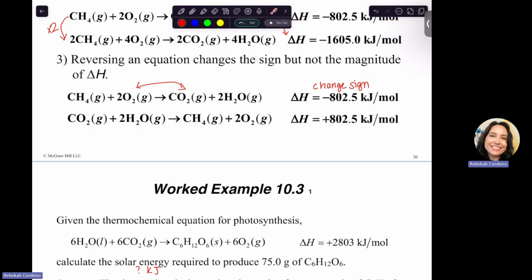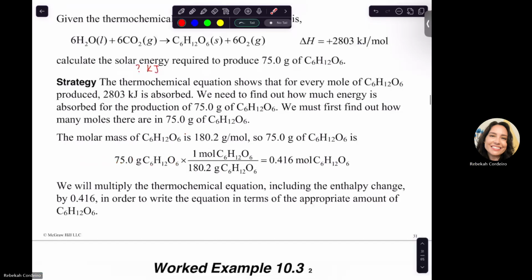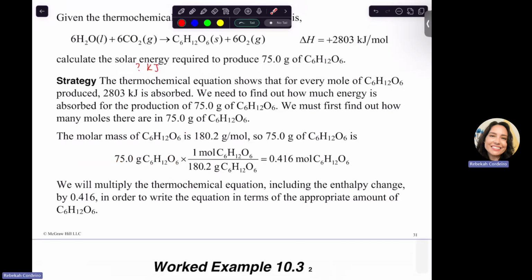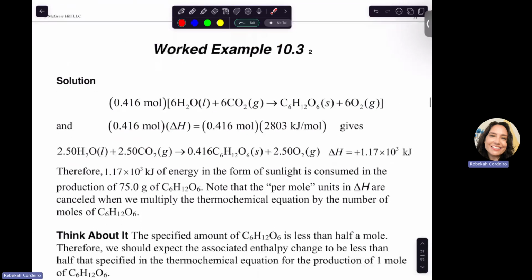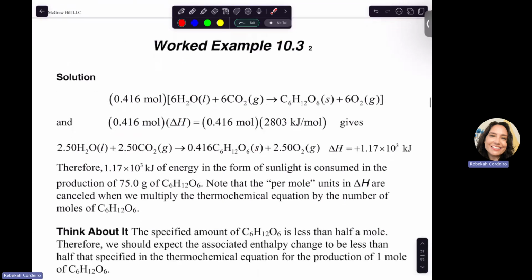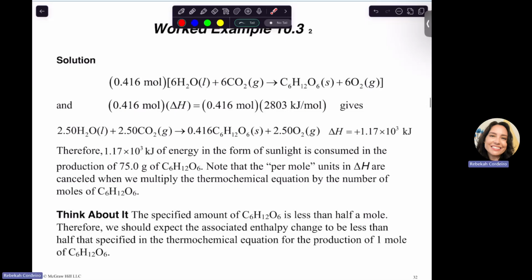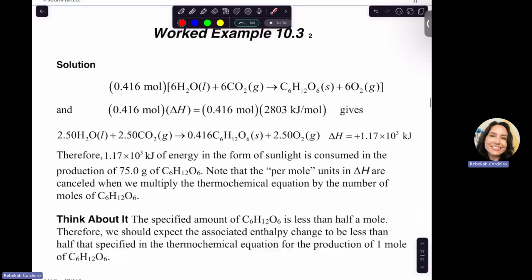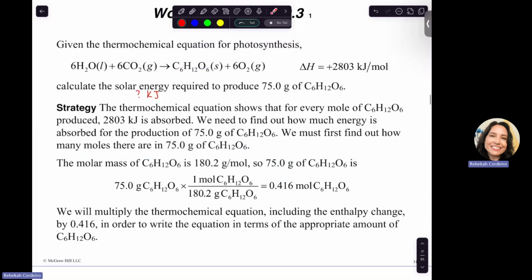Okay, so assuming that you've tried it, even if you got it completely wrong, even if you were totally stumped, that's fine. First we change our grams to moles. Oh, wow. They're doing this very differently than how I would do it. Let me show you how I would do this, because the textbook's doing it differently.